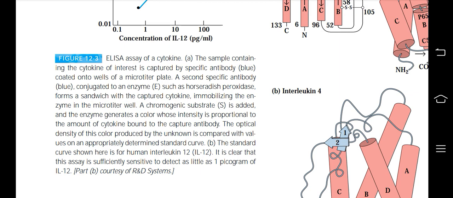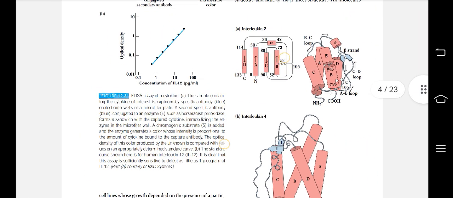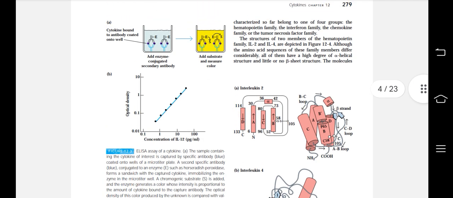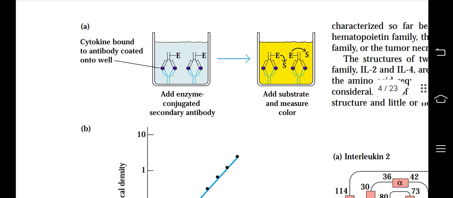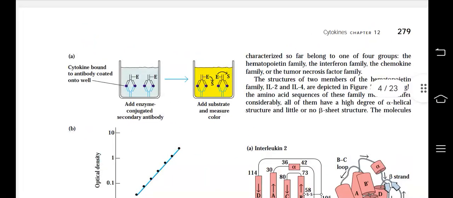So this figure depicts ELISA assay of a cytokine. Okay, so this particular sample, which is depicted here, is a pictorial depiction with portions like cytokine bound to antibody coated onto well, add enzyme-conjugated secondary antibody, then add substrate and measure color. There must be some color change.